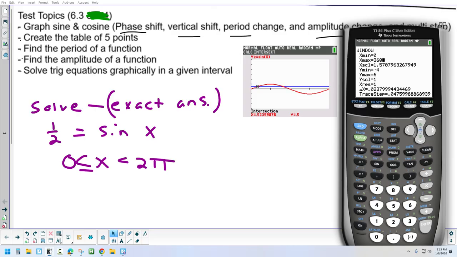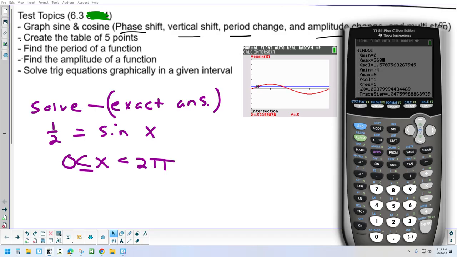We're going to do intersect, but we have to change something on the calculator. You have to change the 2 pi to 360. Yep, we did that. And why did we do that? Because you're changing radians to degrees. Right, we're trying to do the problem in degrees.